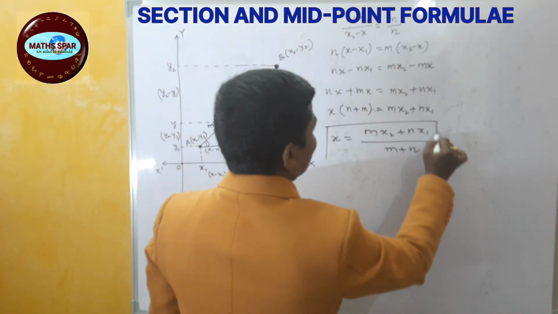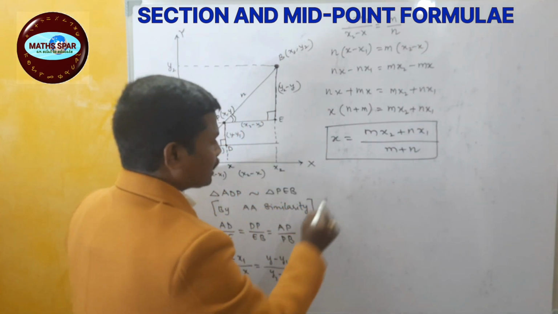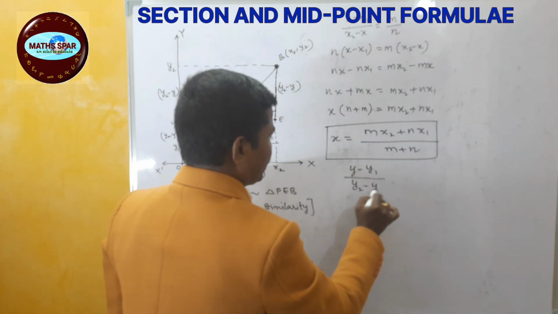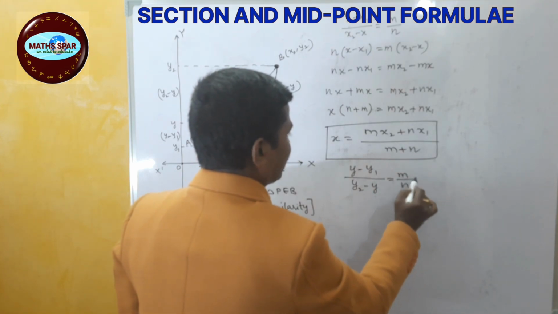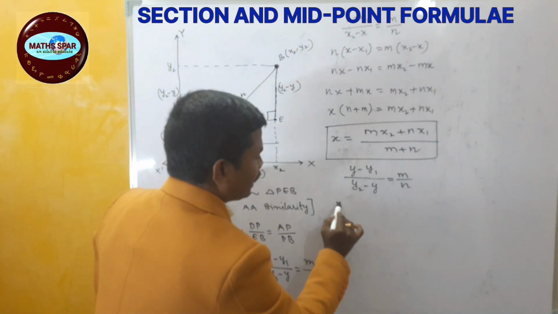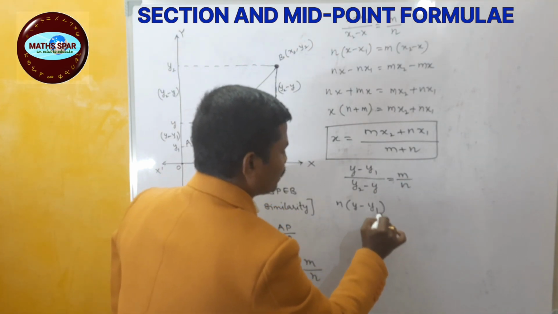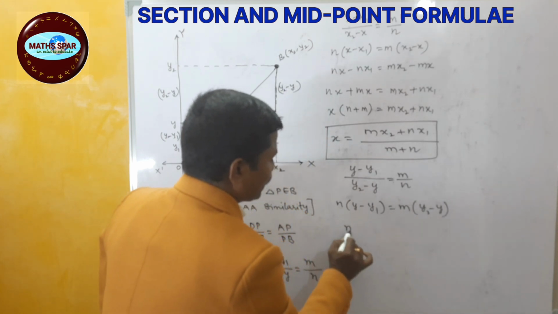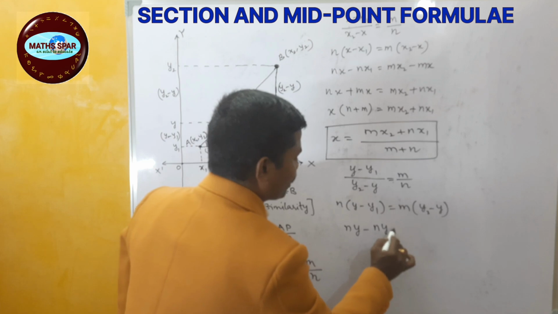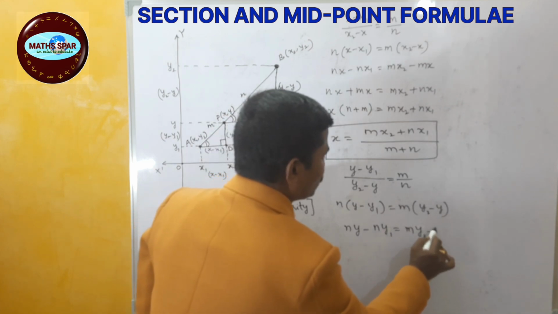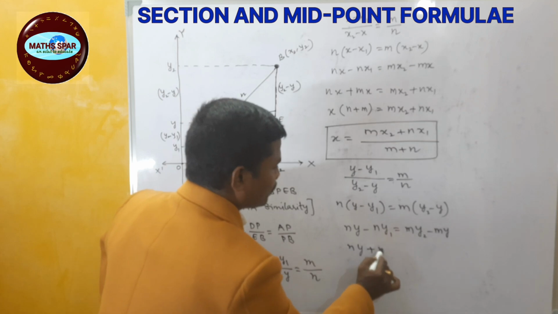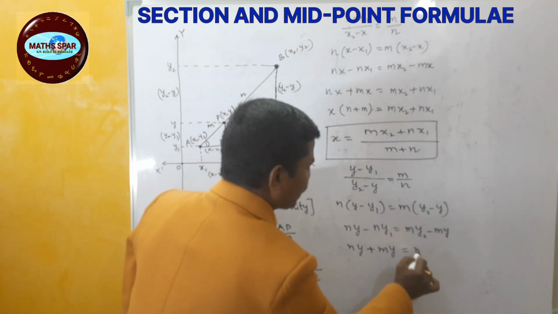Then let us consider y minus y1 by y2 minus y is equal to m by n. Then n into y minus y1 is equal to m into y2 minus y. Then ny minus ny1 is equal to my2 minus my. Minus my, bring it to left hand side, then it will become plus my.